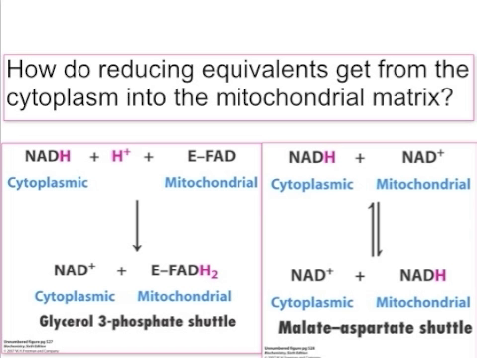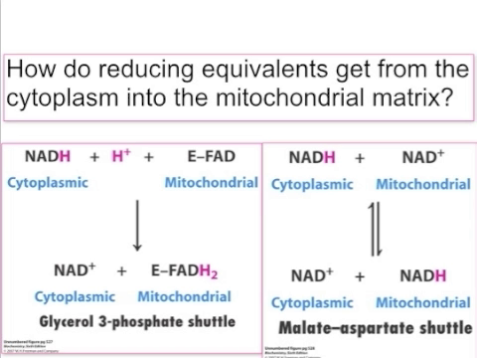There are two main ways that reducing equivalents get from the cytoplasm into the mitochondrial matrix. This is the glycerol 3-phosphate shuttle and the malate aspartate shuttle. The glycerol 3-phosphate shuttle uses cytoplasmic NADH and mitochondrial FAD.